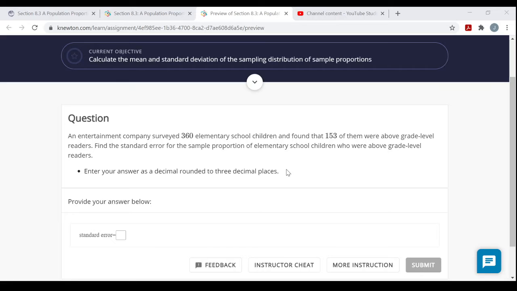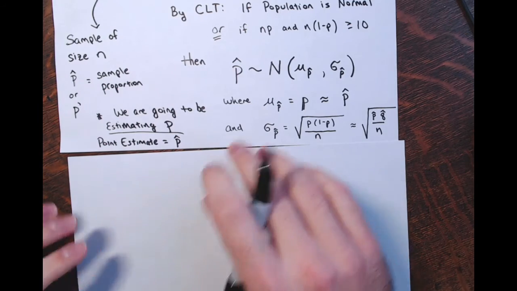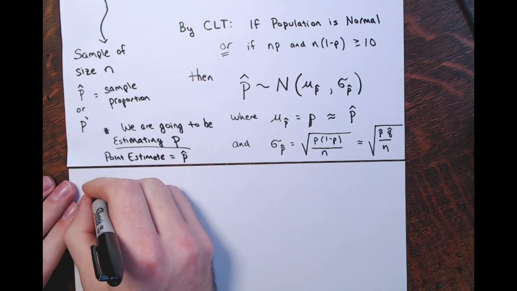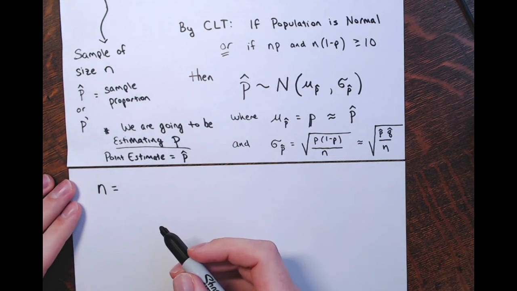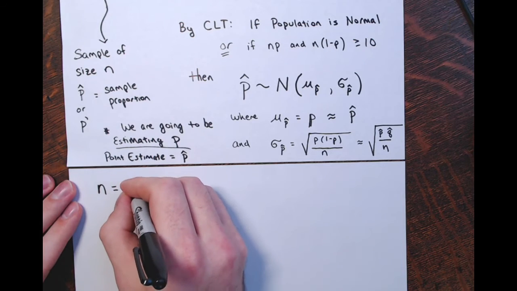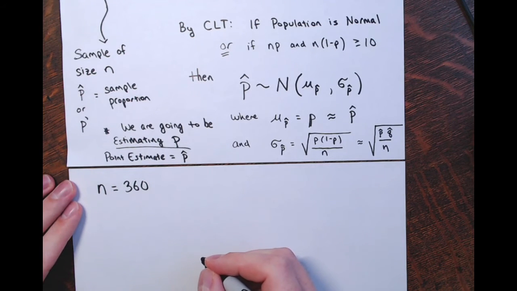All right. So, back on some paper here, I'll write down the information that was just given to us. We are told that the sample size here, a sample taken from the population of all elementary school children, is 360 children. N is 360.